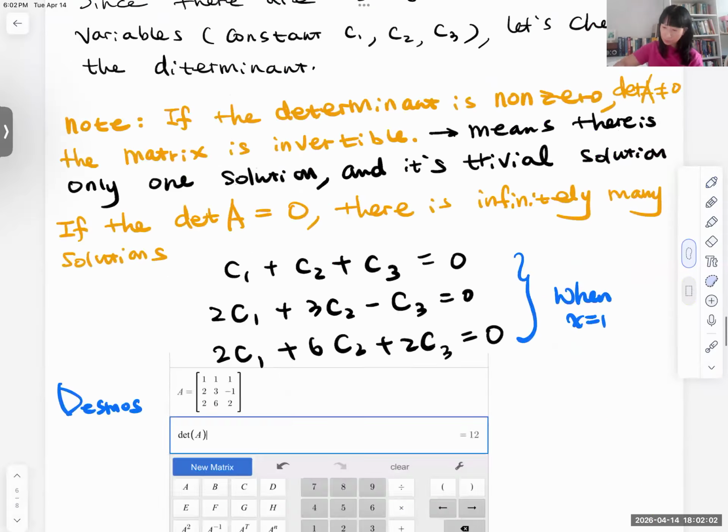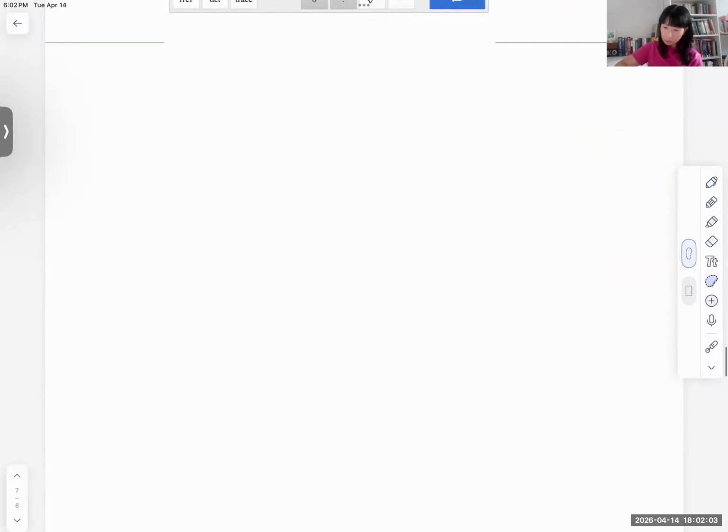Copy. So when x equals negative 1, okay, so decimals. I don't have that. So you try the determinant by decimals.